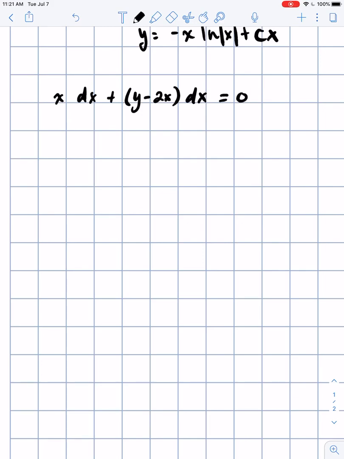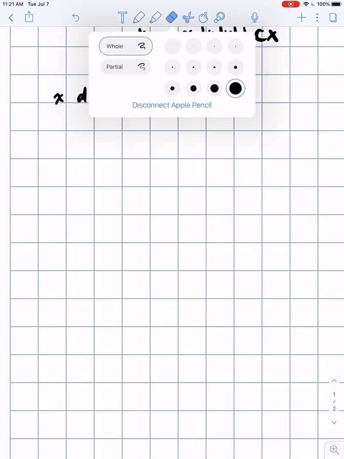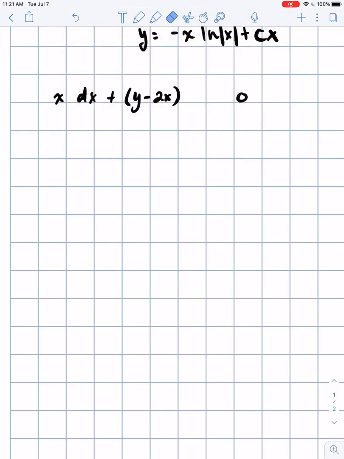All right, so let's divide. I'm going to have dy over dx equals negative x over y minus 2x, like that.